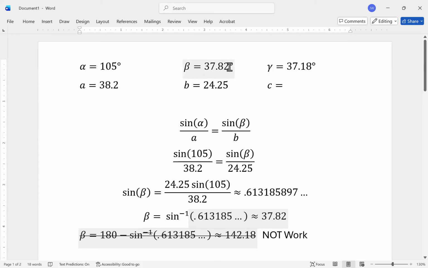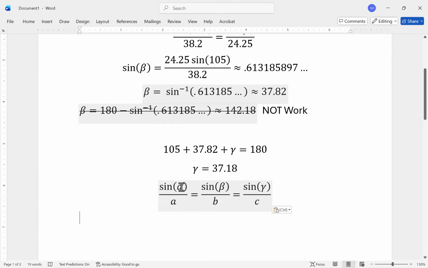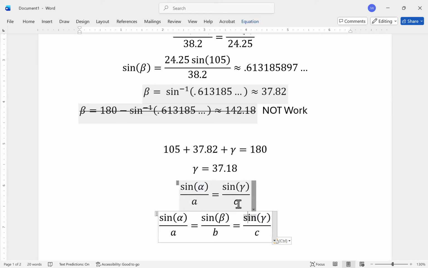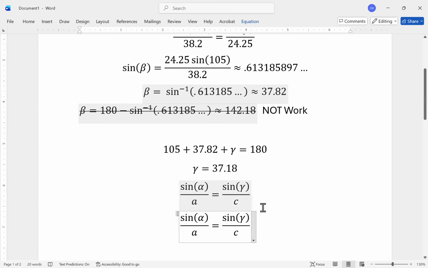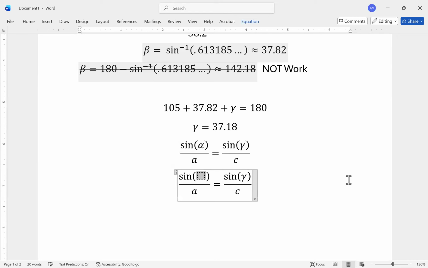Since 37.82 degrees is a rounded value, I'll use the sine of alpha over A. So here we go, sine of alpha over A is going to be sine of 105 divided by the A of 38.2, is equal to the sine of 37.18 divided by the unknown of C.